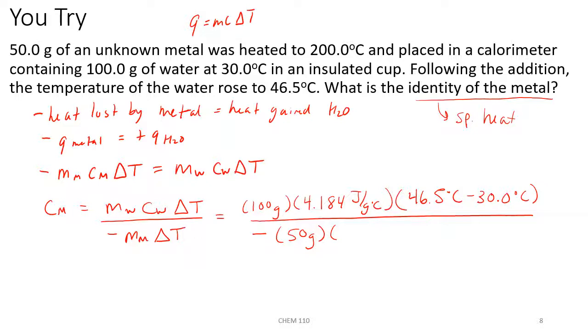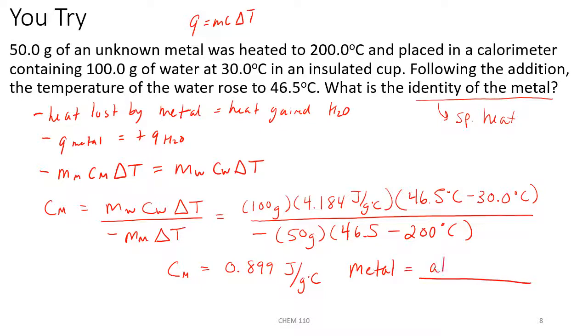That means that the final temperature of the metal is also going to be 46.5 degrees Celsius minus the initial temperature, which was 200 degrees C. If we solve for C sub M, we should get 0.899 joules per gram degrees Celsius. And looking at our specific heat chart, that matches up to our unknown metal being aluminum.